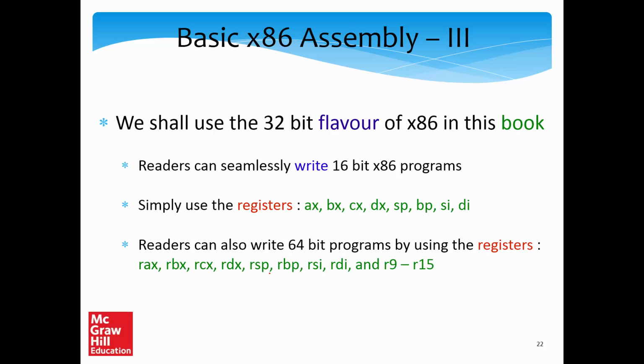Sometimes some additional suffixes need to be changed in the instructions, but when that arises, I'll tell you what needs to be done to write the 16-bit or the 64-bit variants of those instructions.